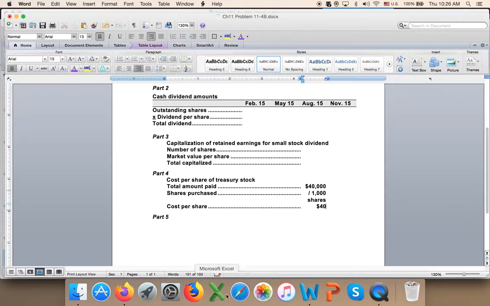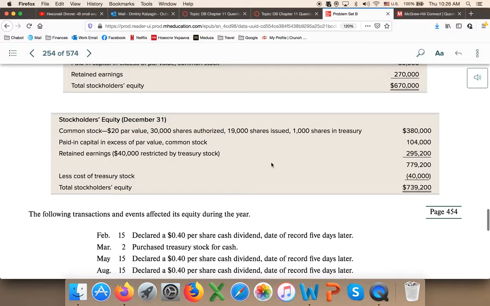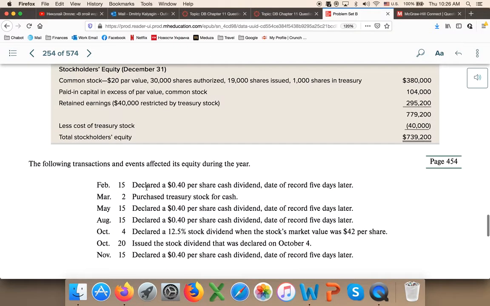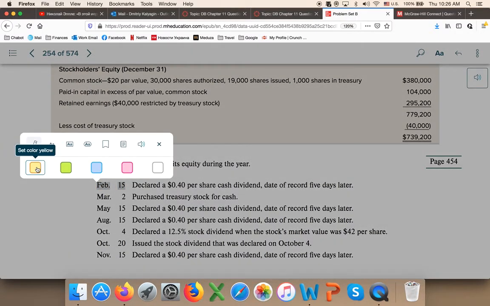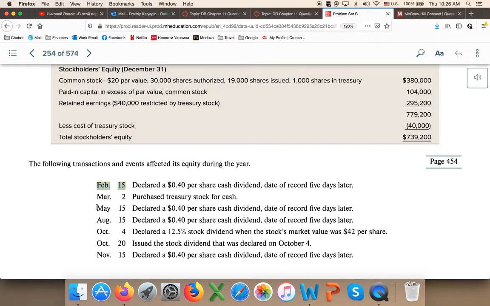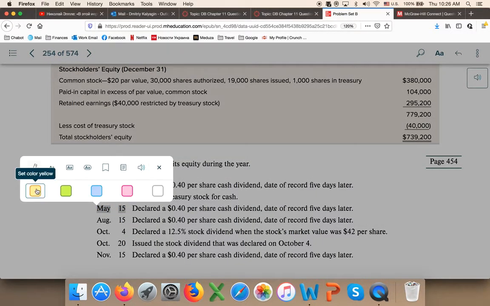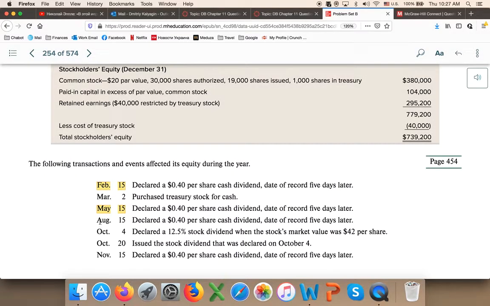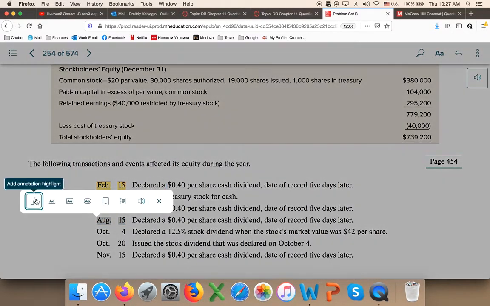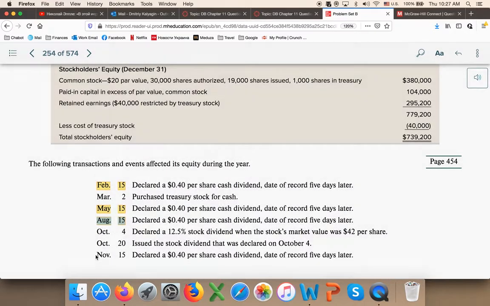Next thing here, so I'm going back to the problem, all these transactions happen. So you can see that 4 times a year, February 15th, and then let me highlight it, and then May 15th, same transaction. We're declaring cash dividend, and then August 15th, and then November 15th, right?